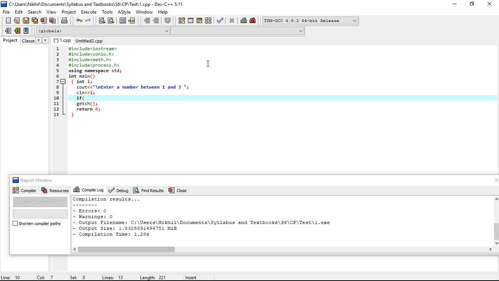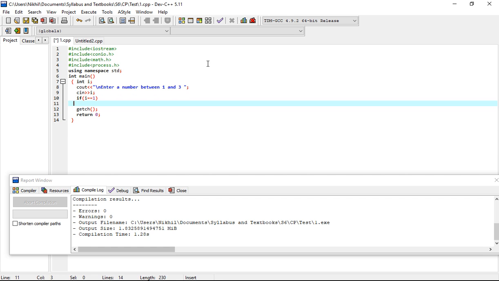So if I'm using if, the program will look like this. If i equals 1, cout it is 1, right?